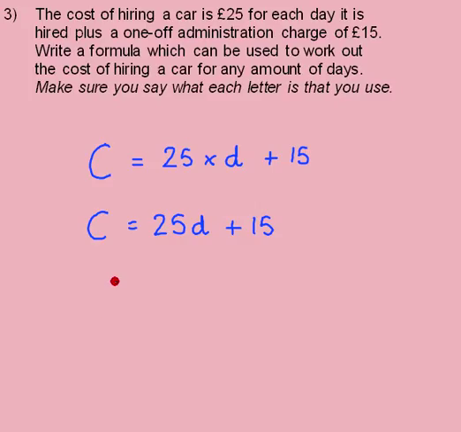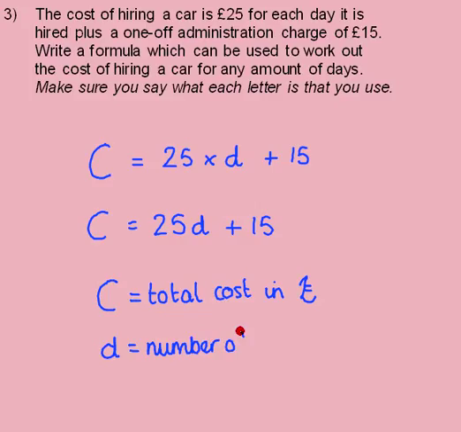So I need to say that C is the total cost in pounds, and D is the number of days. Now my formula is finished.